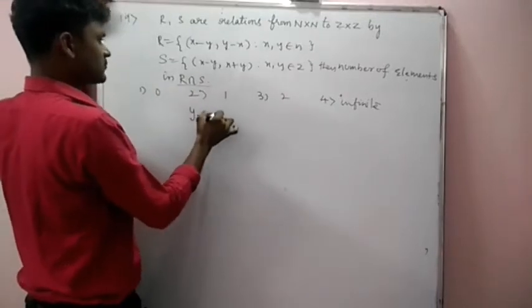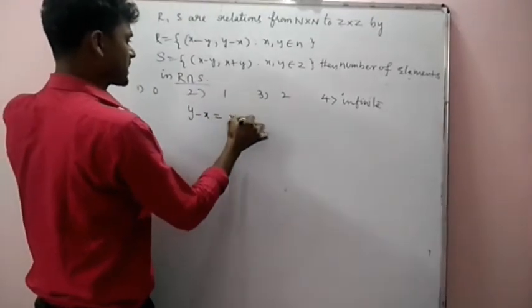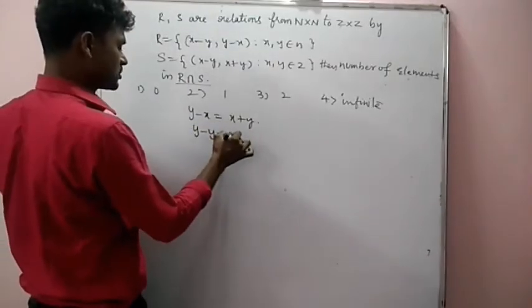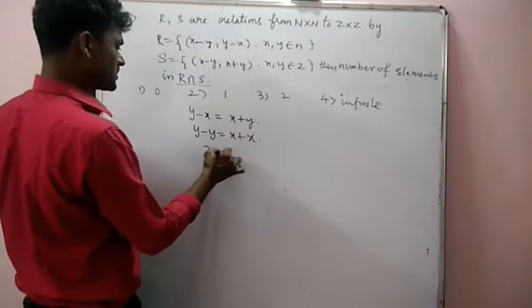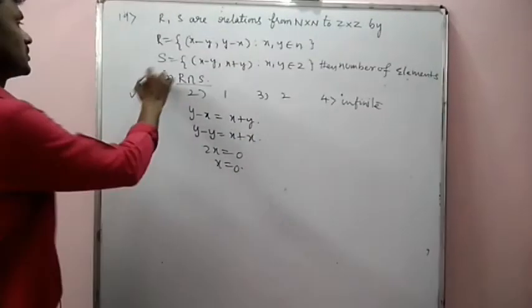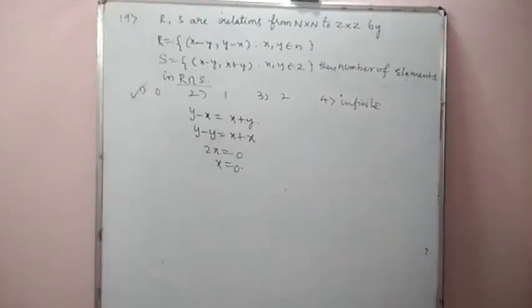Now we have to check y minus x is equal to x plus y. Now x on that side, y on this side: y plus y is equal to x plus x. Here 2x is equal to 0, then x is equal to 0. Then here 0 elements. There are no common elements.